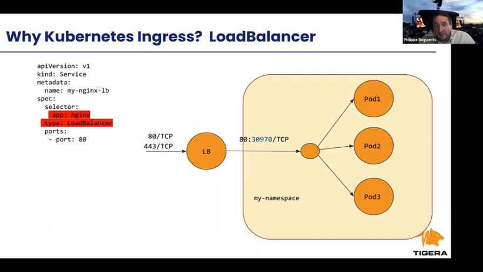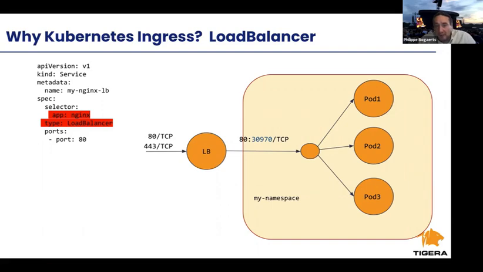The moment you do this, a load balancer spins up inside of your cloud infrastructure, and it will complete the path. So your load balancer might expose port 80 and 443, which is typically something you can reach through any type of firewall or proxy.